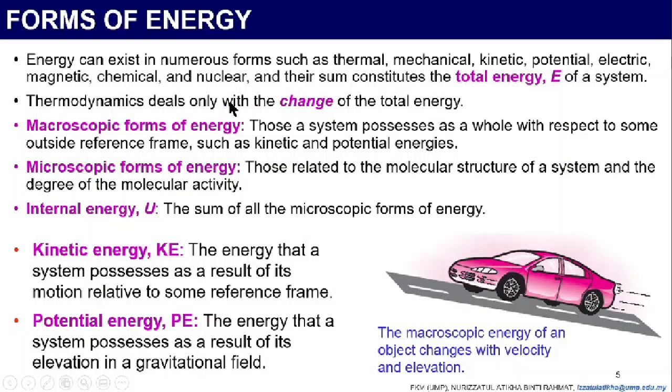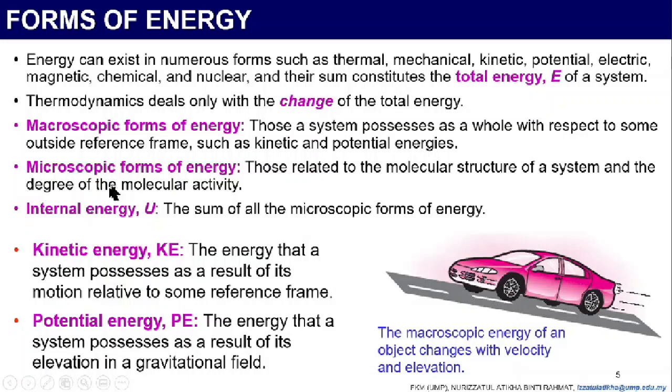We have here macroscopic forms of energy and also microscopic forms of energy. What's the difference between these two? For macroscopic, those a system possesses as a whole with respect to some outside reference frame, such as kinetic and potential energies. However, for microscopic forms of energy, it is those related to the molecular structure of a system and the degree of the molecular activity.